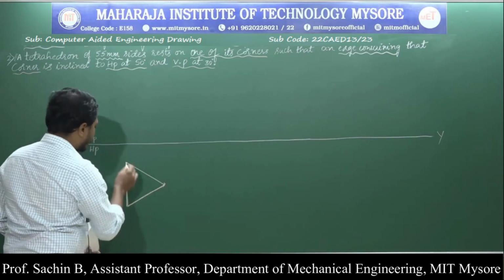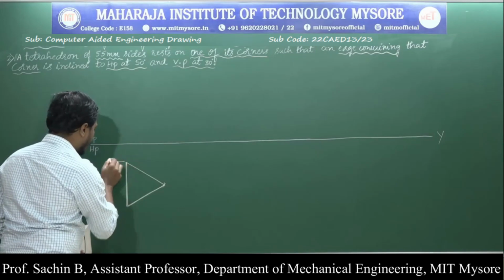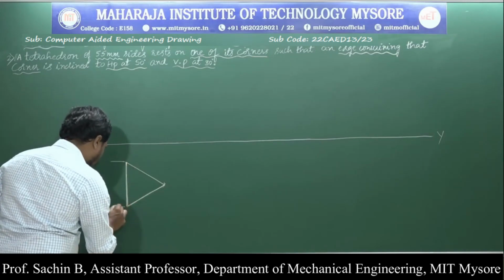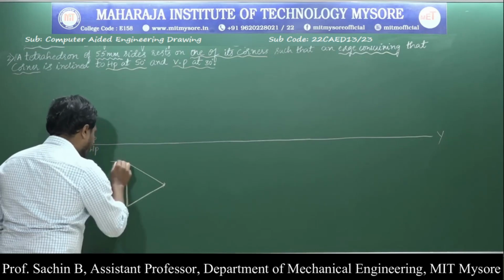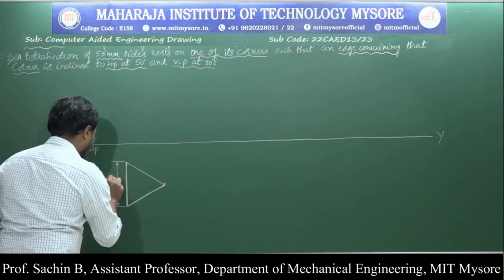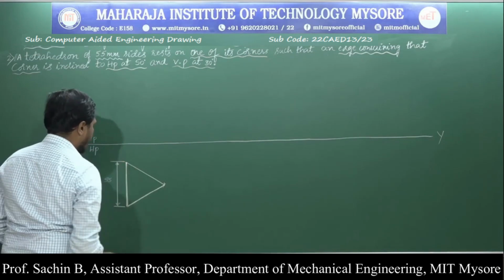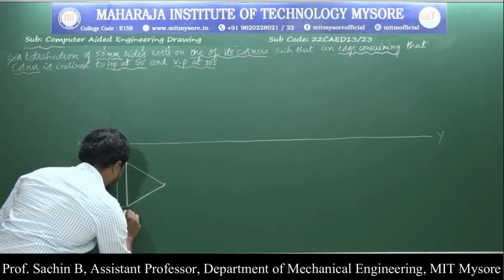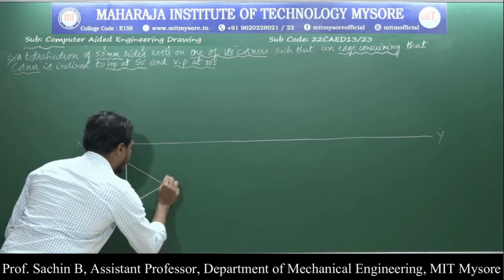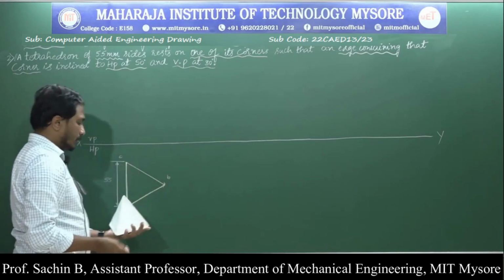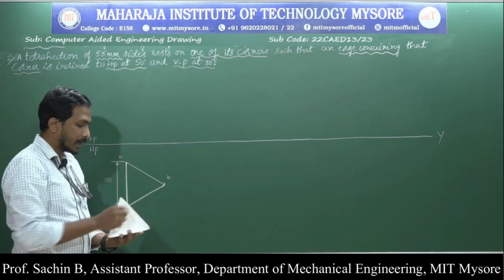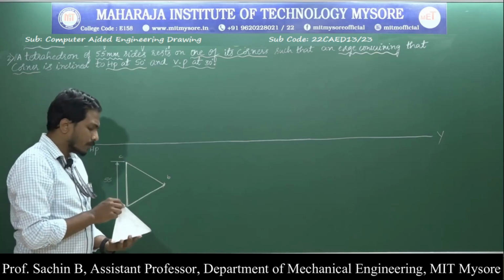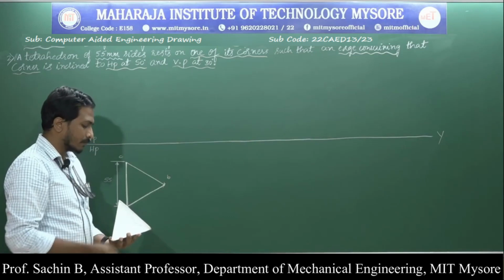Now, after constructing the tetrahedron of edge length 55 mm, I will name the corners. I will call these corners A, this one B and C. Now for the tetrahedron, we have the slant edges. From the top view, they are clearly visible for us.